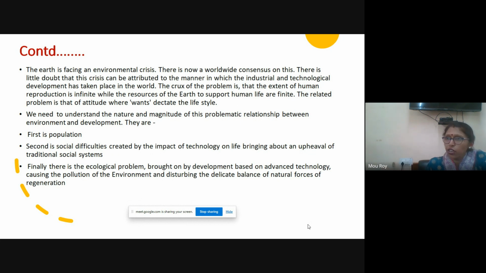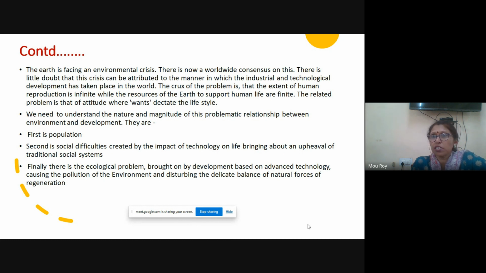It is destroying the environment, and we are involved here. Why? Because many of our needs are unwanted. So we have wants which dictate the lifestyle, and this lifestyle has a very negative impact on the environment. We need to understand the nature and magnitude of this problematic relationship between environment and development.